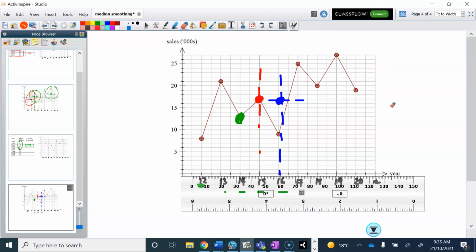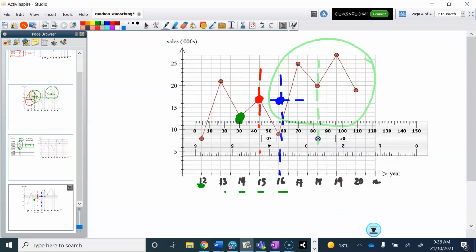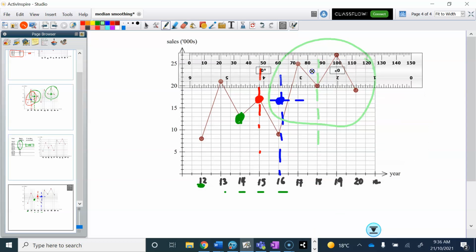Again, the last 5 points, if we want to just go to the end of the graph there. I'll get a pen, 1, 2, 3, 4, 5, so using those 5. Again, I know the middle point's easy horizontally, and then vertically grab my ruler, and you can come from the top or the bottom.